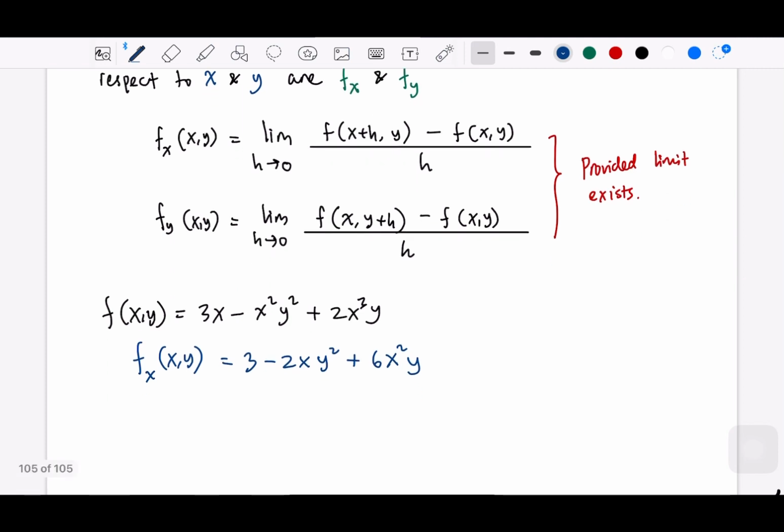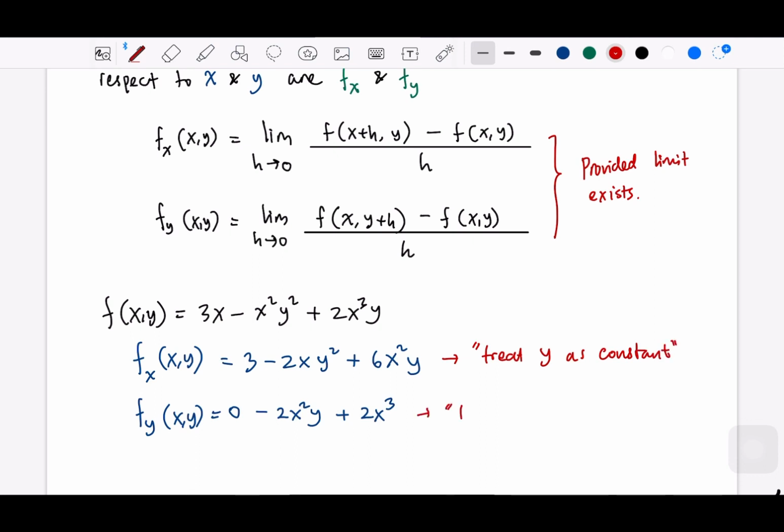Similarly for partial y, because x is now a constant, the derivative of 3x will be 0, and then this will be negative 2x squared y plus 2x cubed. So in the first one we treat y as constant, and here we treat x as constant.